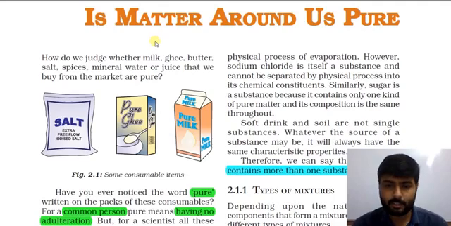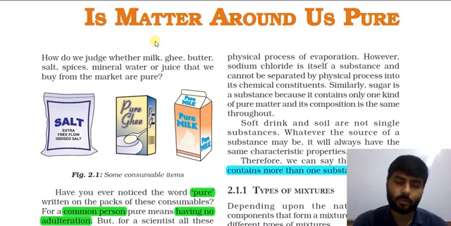Similarly, sugar is a substance because it contains only one kind of pure matter and its composition is the same throughout.